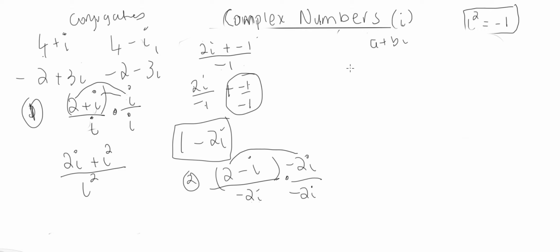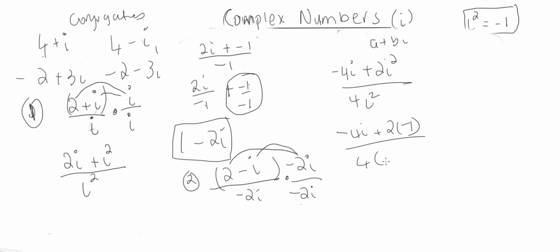Negative 2 times 2 is negative 4i. Negative 2i times negative i is a positive 2i squared. Over negative 2i times negative 2i is 4i squared. Now replace your i squareds with a negative 1. Two times negative 1 is negative 2. 4 times negative 1 is negative 4.